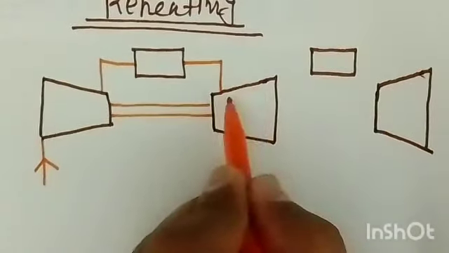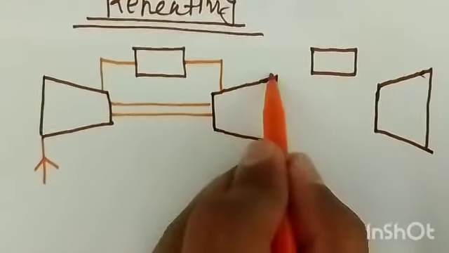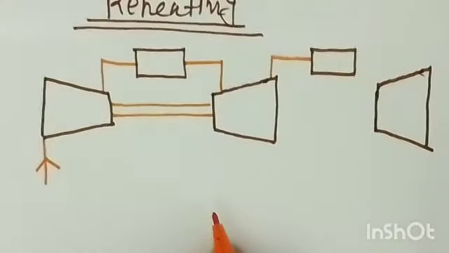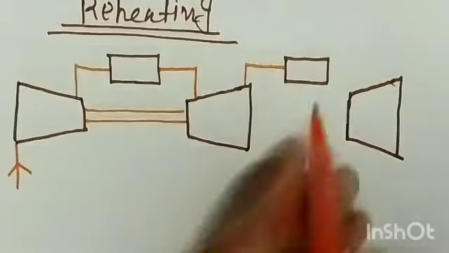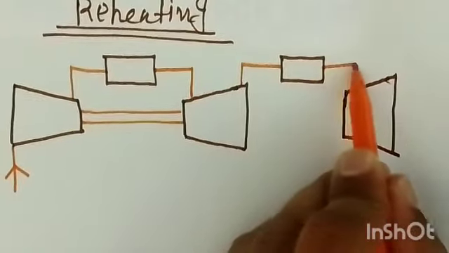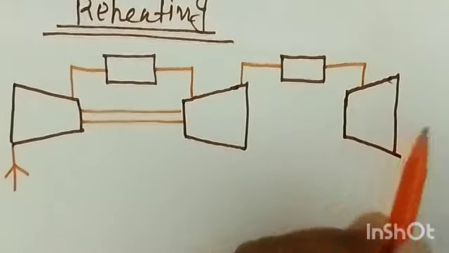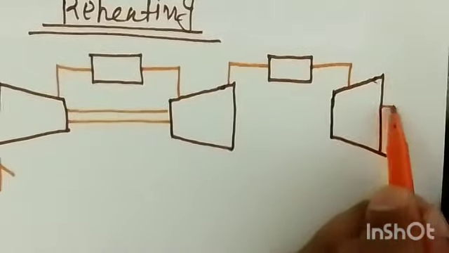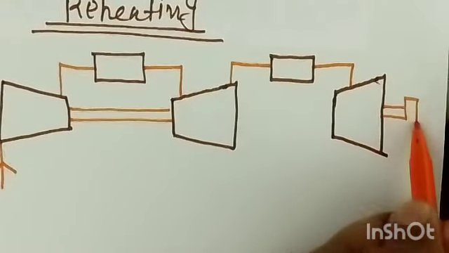Now again after expansion the exhaust gases will leave and enter into combustion chamber 2. Here also we'll supply the heat, okay, and then the hot gases whose pressure and temperature is high will further enter into the low pressure turbine.